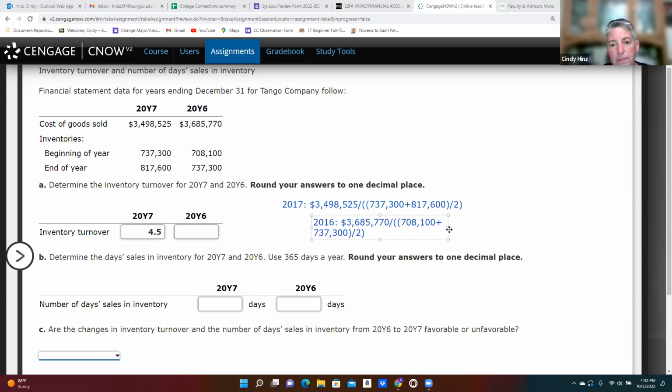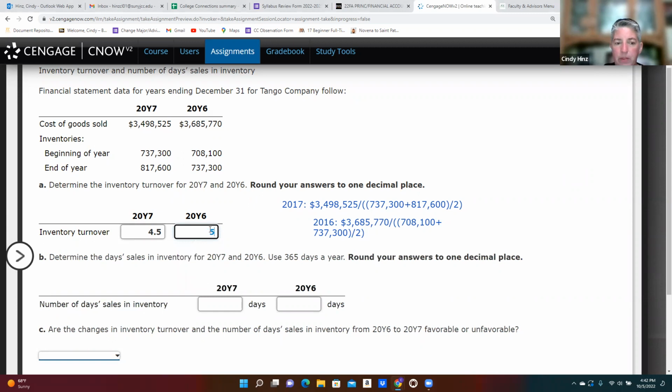Stretch that out a little bit. Whoops. Oh, sorry, didn't get it stretched out. So you can see that calculation though. Cost of goods sold in the numerator divided by average inventory in the denominator. And for 2016, I got an inventory turnover of 5.1.